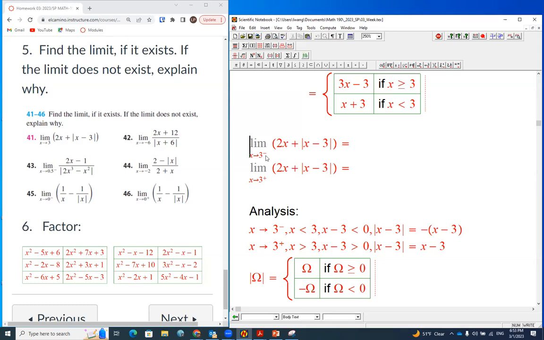So when x is approaching 3 from smaller than 3, which function would apply? This one, less than 3, because when x approaches 3 from smaller than 3, that's what we use. So this time we're going to be taking the limit of x plus 3.